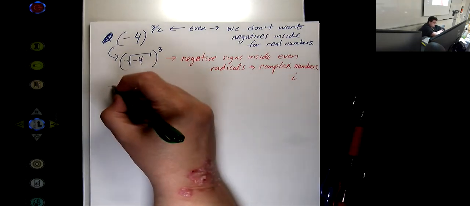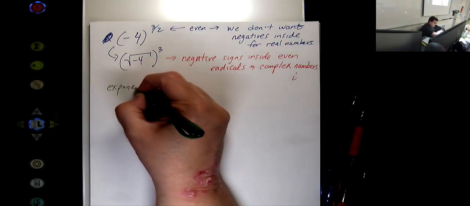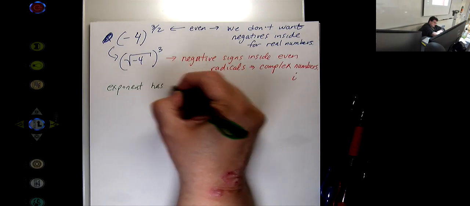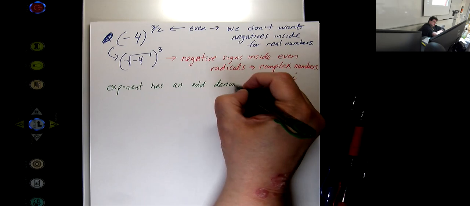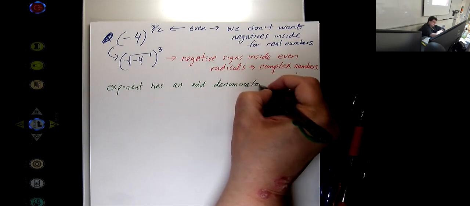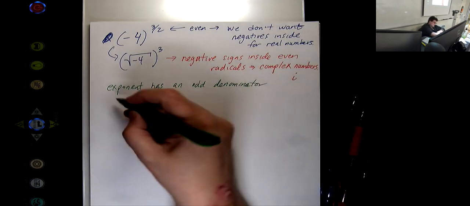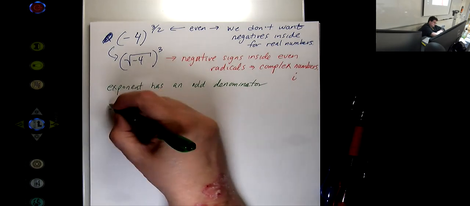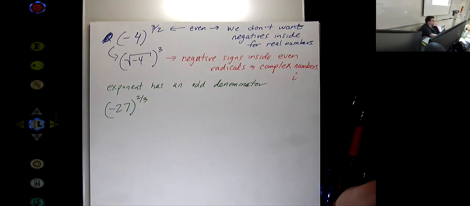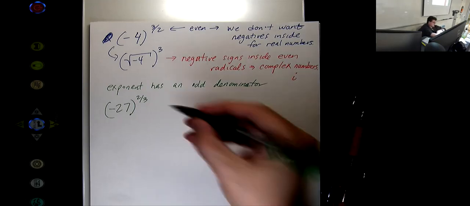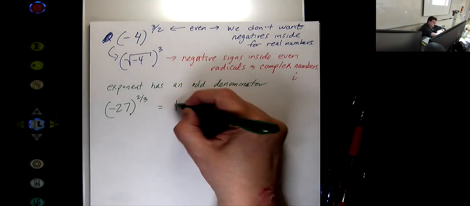If the exponent has an odd denominator, sorry, like -27 to the 2/3, this actually is okay.